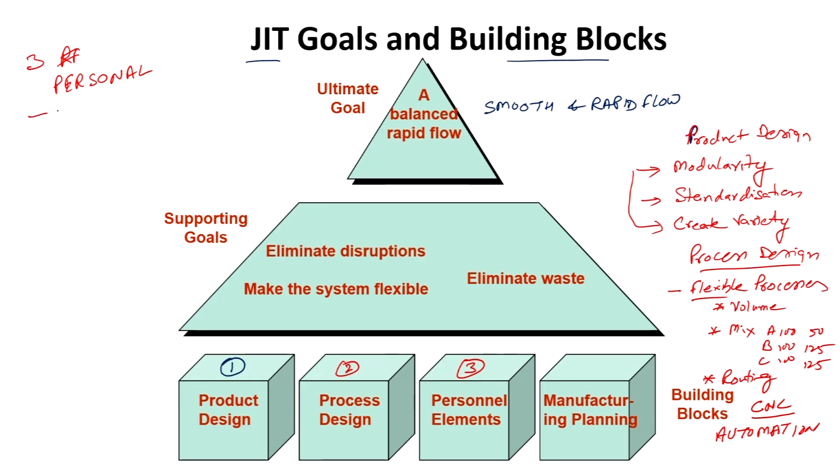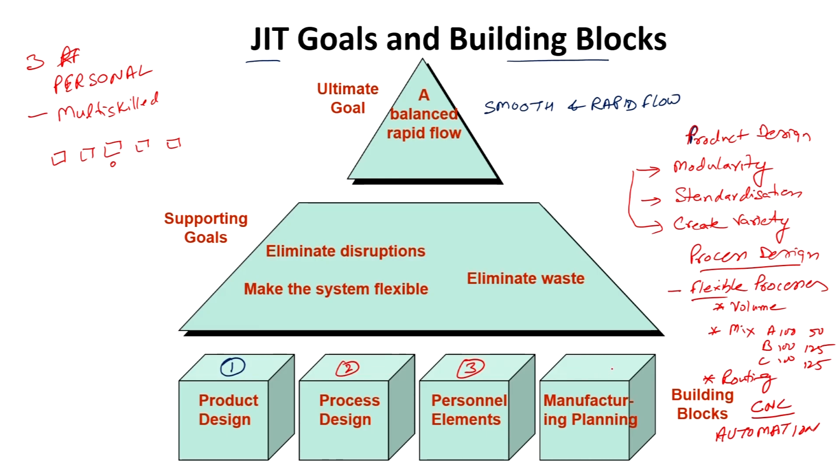This is the important requirement here, so that I can change the production rate by rearranging the work. We will see one example immediately after this. That is the advantage of multi-skilling. In the JIT context, if the worker is working at a particular workstation, he must know the job of the previous 2 workstations, and he also must know the job of the next 2 workstations. That kind of skilling is required in the JIT context.